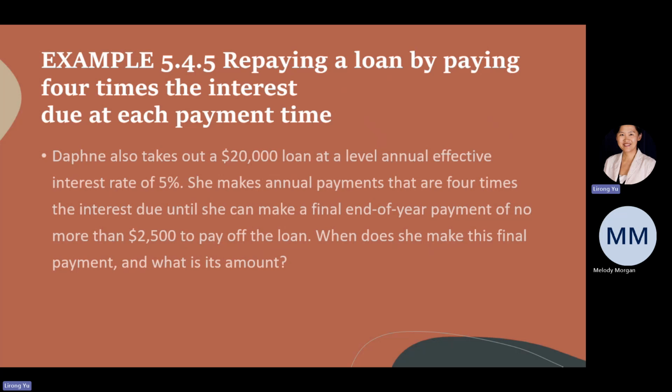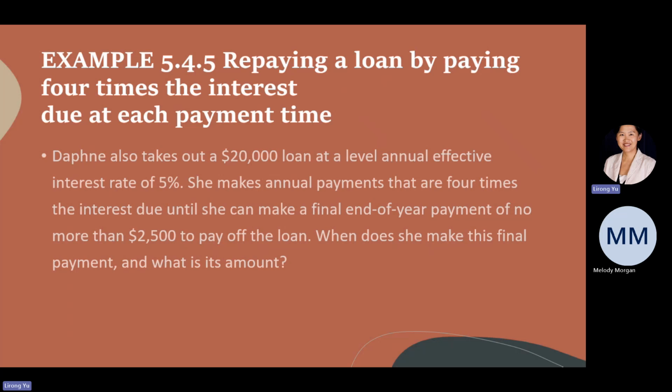This example is repaying a loan by paying 4 times the interest due at each payment time. That friend also takes on a 20,000 loan at a level annual effective interest rate of 5%.